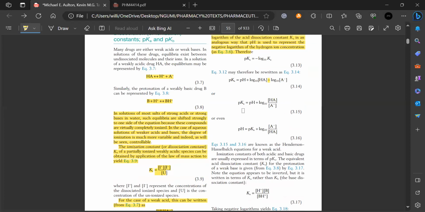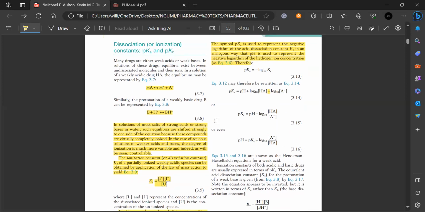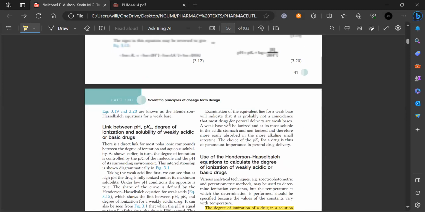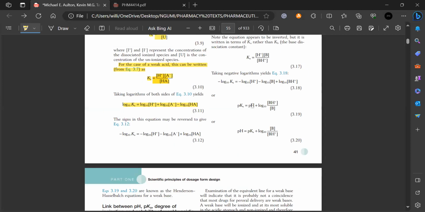If you're good in logs, it's pretty easy to understand. Personally, I didn't really have an issue, but if anyone has a problem, I could take it a bit slower. Don't feel shy, just barge in anywhere and tell me where the problem is. So basically it's just the same process for the acids.